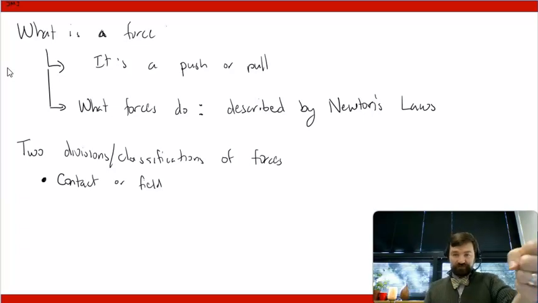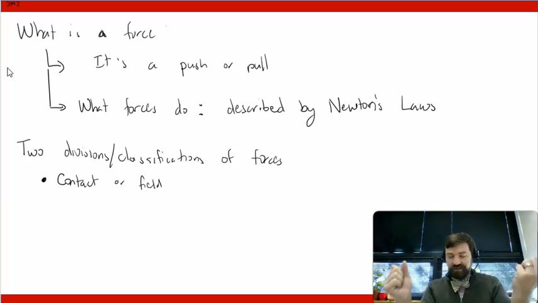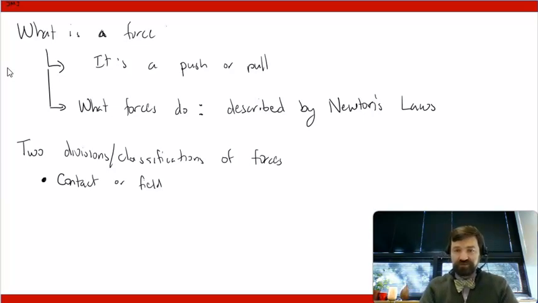If I grab something and pull it towards me, that's a contact force. If two objects are sliding across each other, causing friction, that's a contact force. Gravity, on the other hand, is not a contact force. You can have an object that is released from somewhere above the Earth's surface, and it's still pulled towards the ground. So gravity is not a contact force. It is a field force, as it turns out.